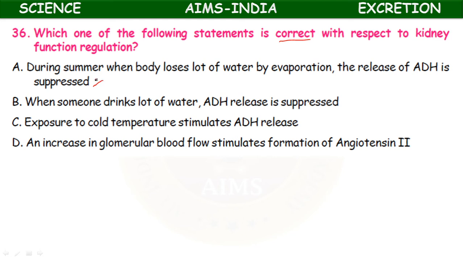This is a wrong statement. ADH means antidiuretic hormone. It is also called vasopressin. Okay. Next, when someone drinks a lot of water, ADH release is suppressed. Yes, this is right only.